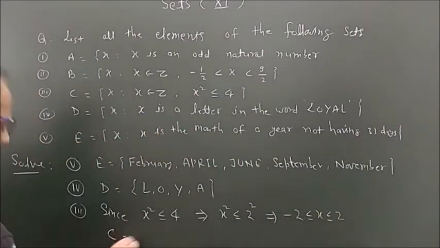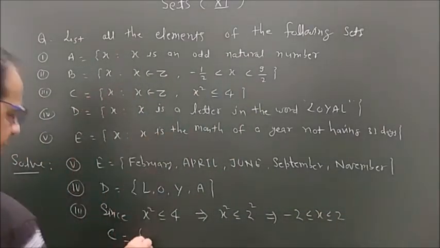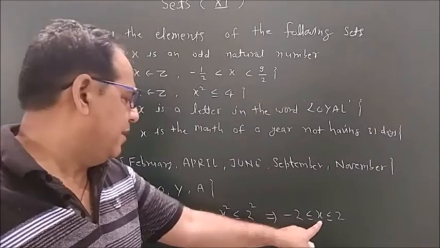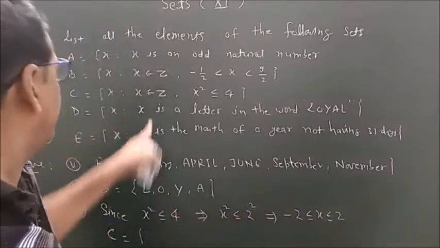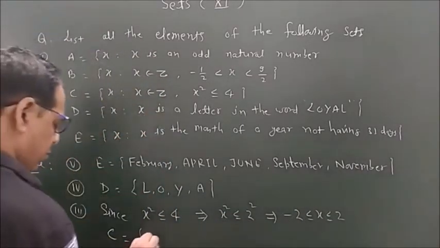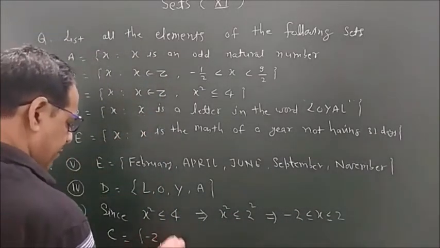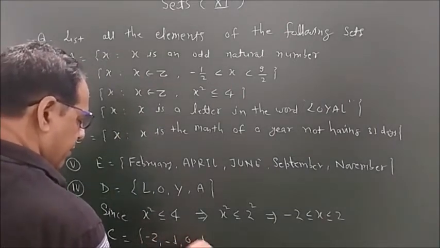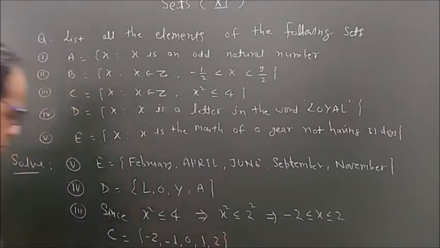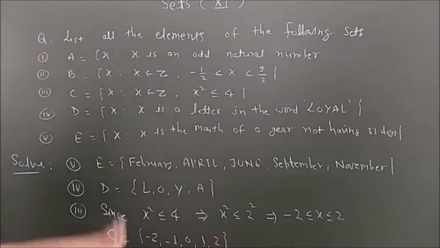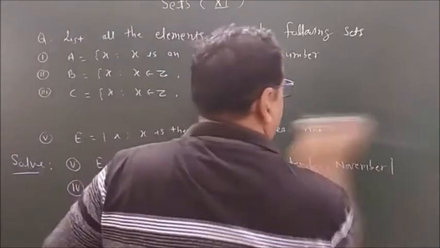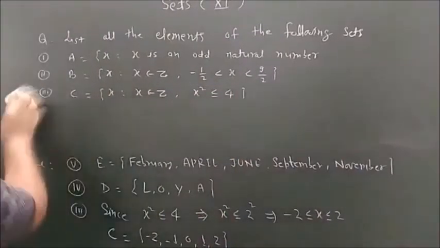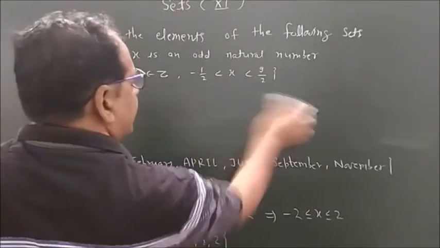So C can be written with x having the value from minus 2 to 2, and x is an integer, so we have minus 2, minus 1, 0, 1 and 2. So this is set C according to question number 3. So these 3 parts are completed here.